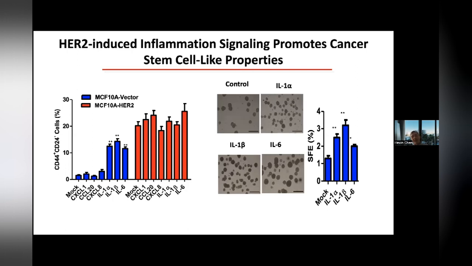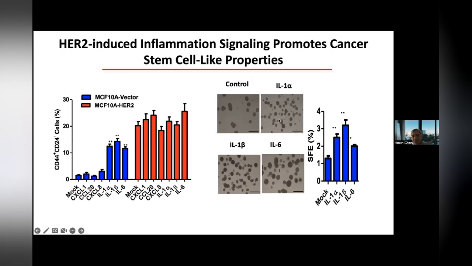So next we analyzed whether the cytokines affect stemness, or whether they can induce dedifferentiation and allow the cells to gain stemness. We did a tumor sphere formation assay, and based on the gene profile, we added all the cytokines and chemokines to culture the cells in vitro. We found that three cytokines, IL1 alpha, IL1 beta, and IL6, dramatically increase the tumor sphere formation ability.